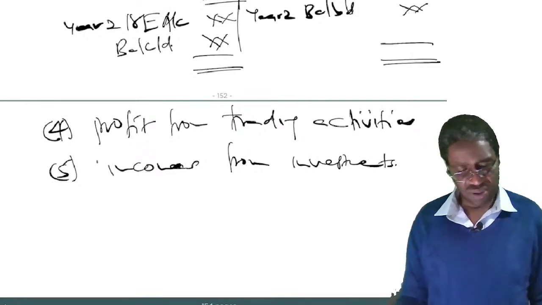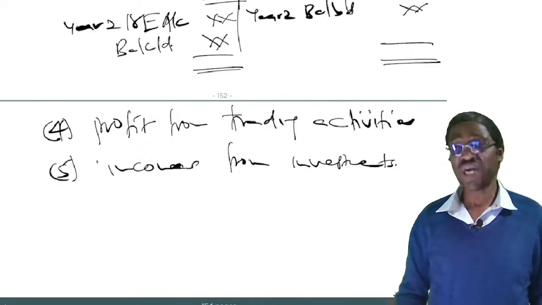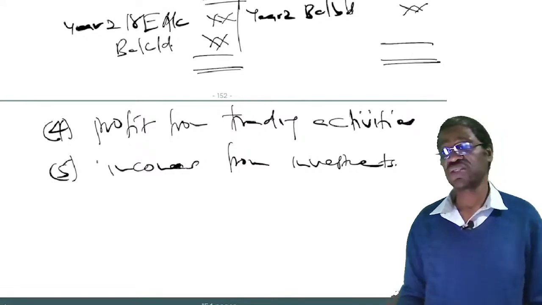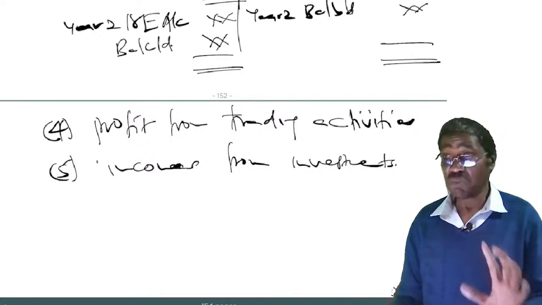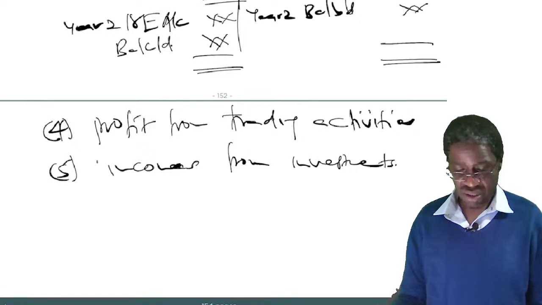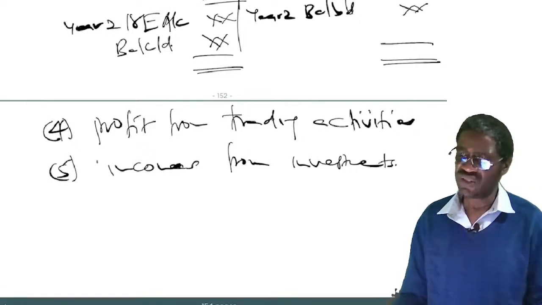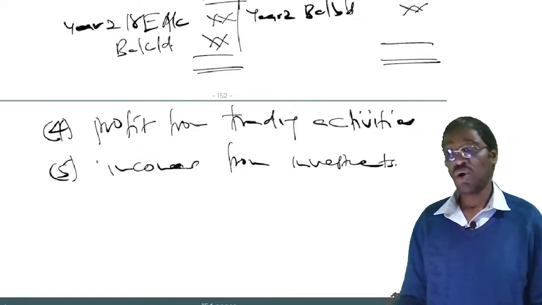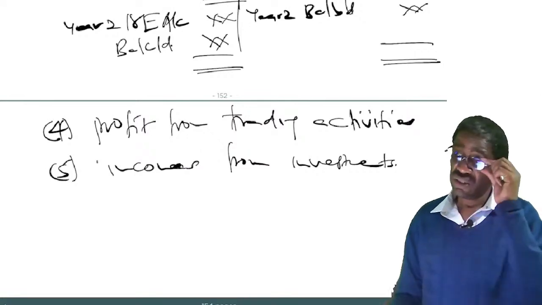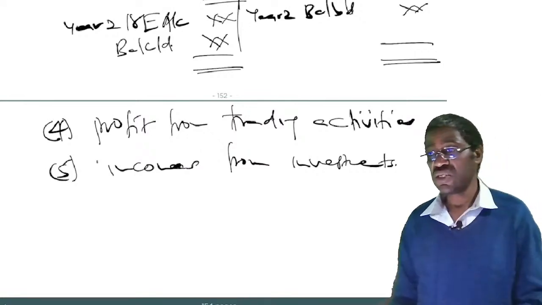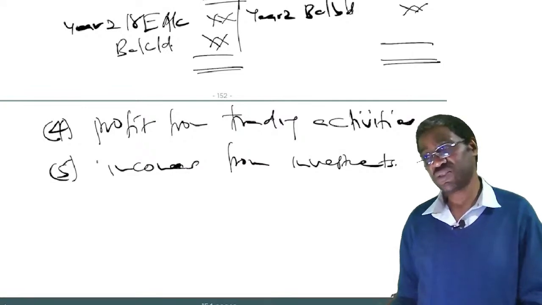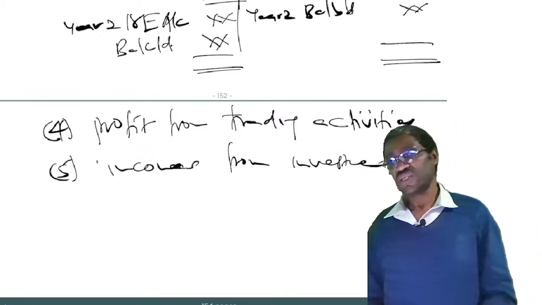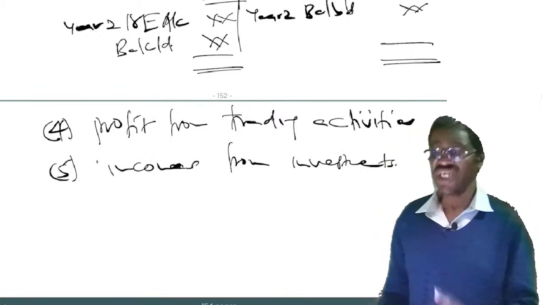So we'll put it down: incomes from investments, e.g. dividend received or interest received.